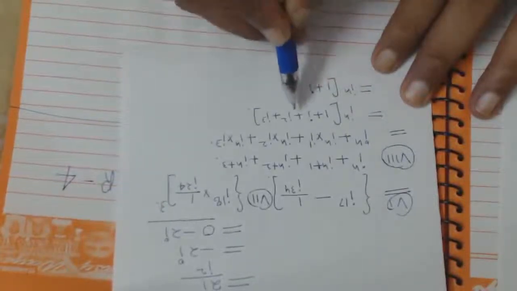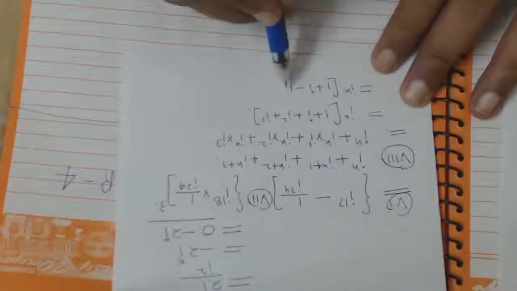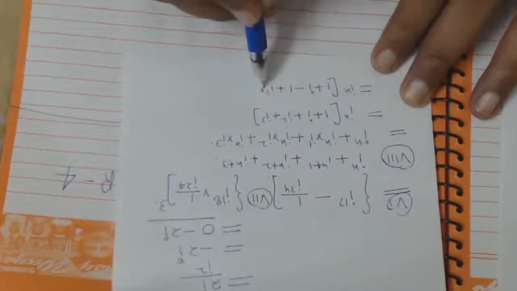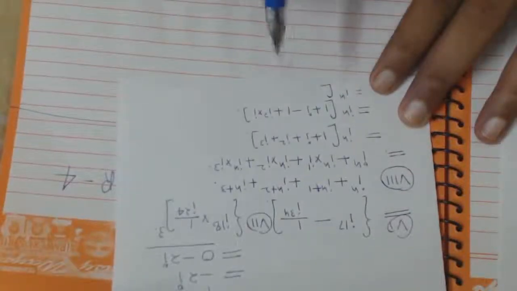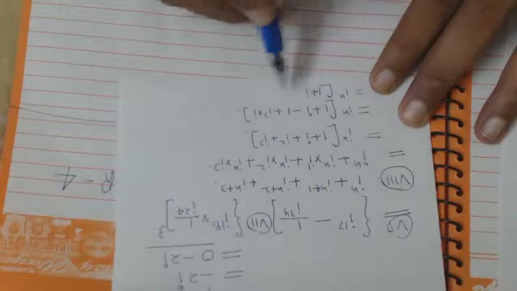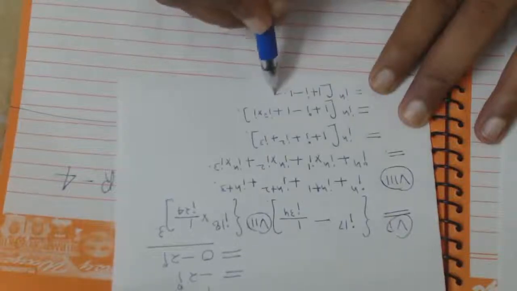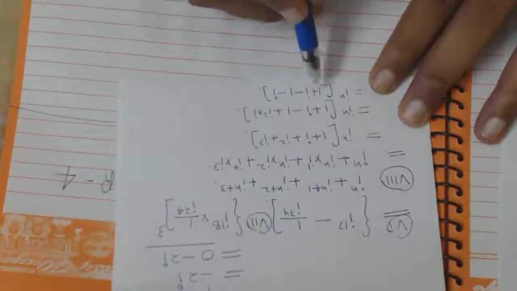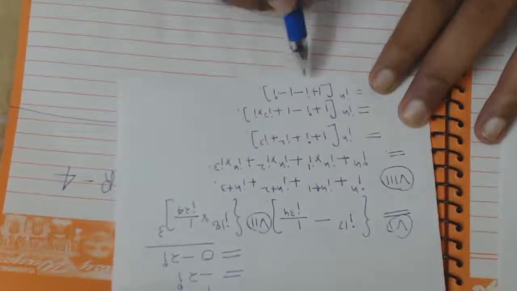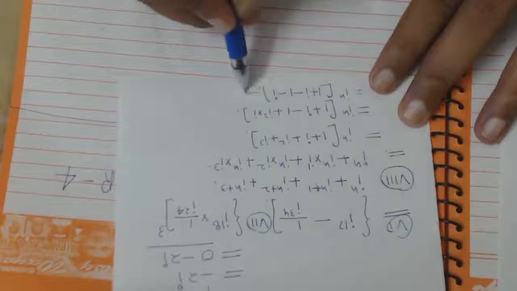Iota square is minus 1, and iota cube is iota square into iota. So this will be iota raised to the power n, 1 plus iota minus 1 minus iota. So the minus 1 and plus 1 cancel out, plus iota and minus iota cancel out. The answer is 0.